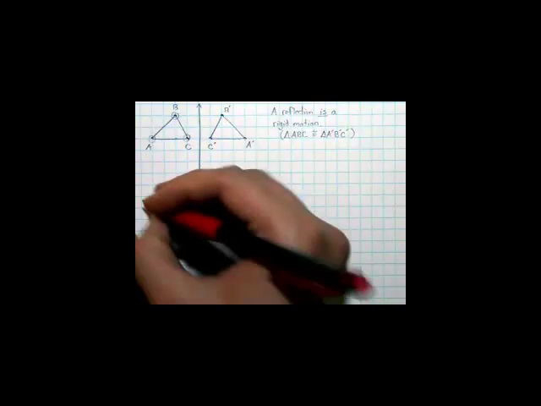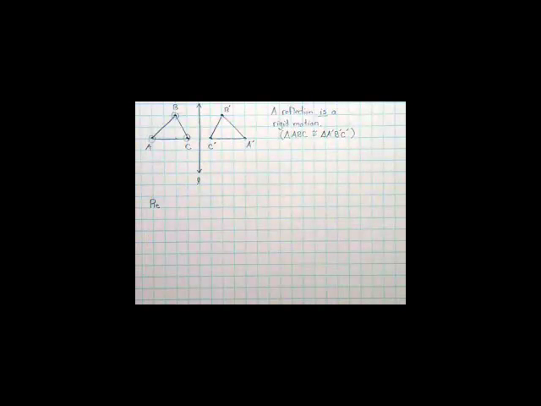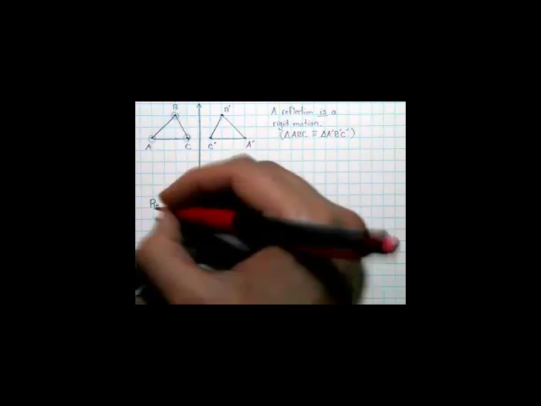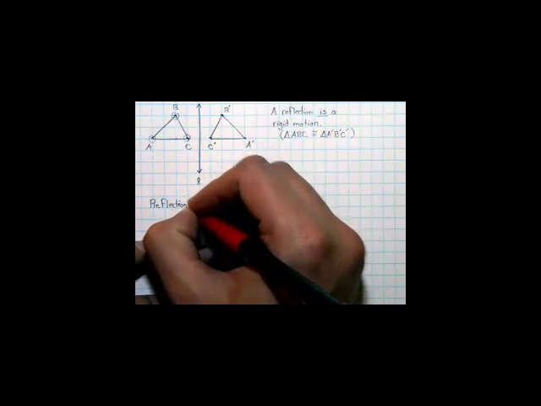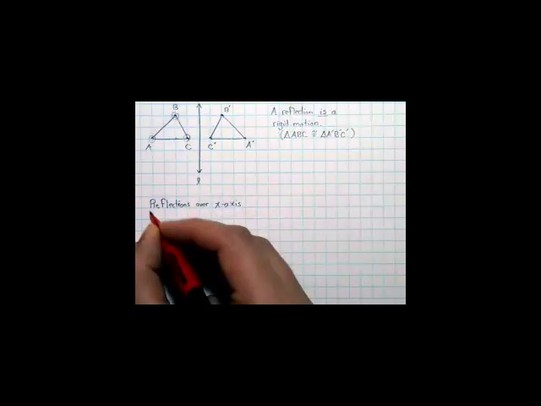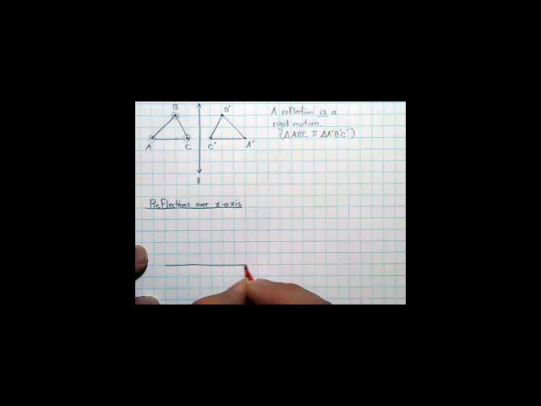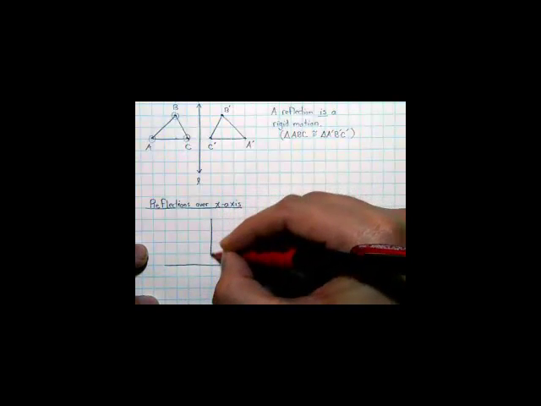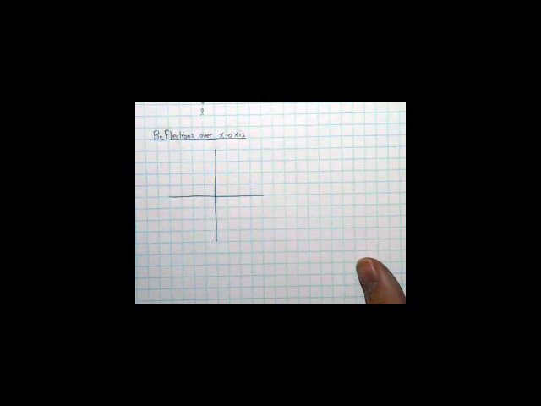We're going to look at three different types of reflections: over the x-axis, or a horizontal line, over the y-axis, or vertical line, and then we're going to look at diagonal lines too. So we're going to start by looking at what if we do some reflections over the x-axis.